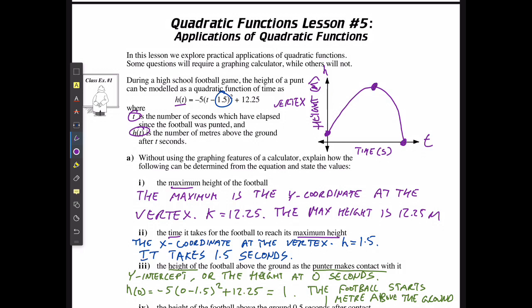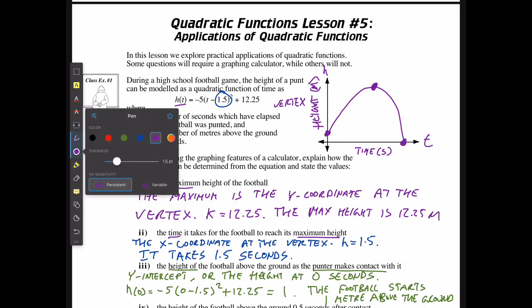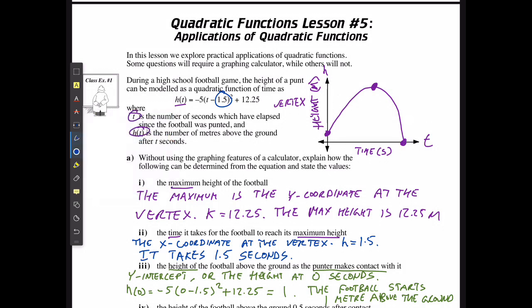And I'm going to solve for the x-intercept as well. So I know the y-intercept, which we've already solved, is at (0, 1). I know the vertex from my equation is going to be (1.5, 12.25). And when I use the zeros function or the roots function in my calculator, I can find that the x-intercept is going to be (3.07, 0).